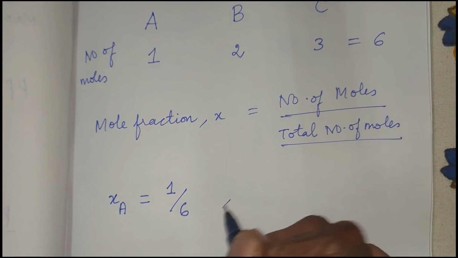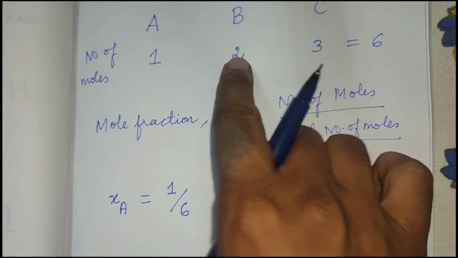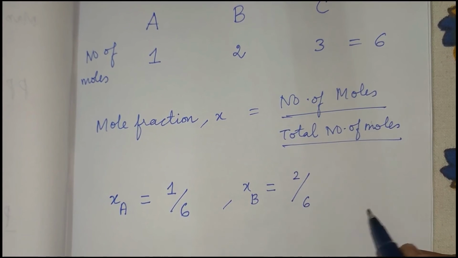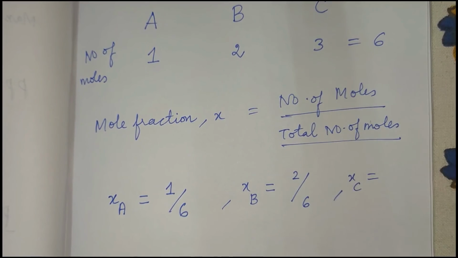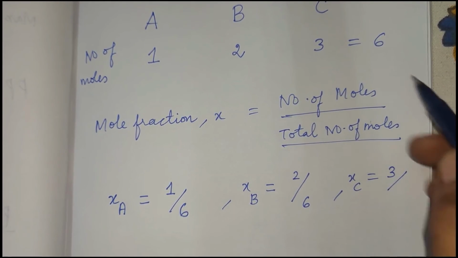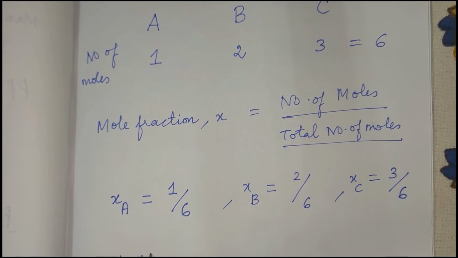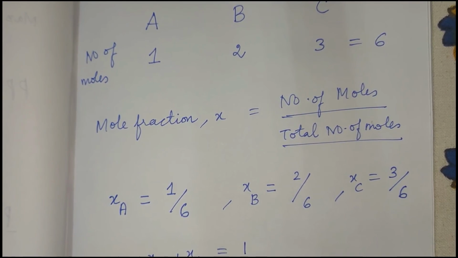Now what is going to be the mole fraction of B? Mole fraction of B is equal to number of moles of B, which is 2, divided by total number of moles, 6. In case of C, mole fraction of C is equal to number of moles of C, which is 3, and the total number of moles is 6. So this is the way to find out the mole fraction. Sum of mole fractions will always be equal to 1. We will check it here.